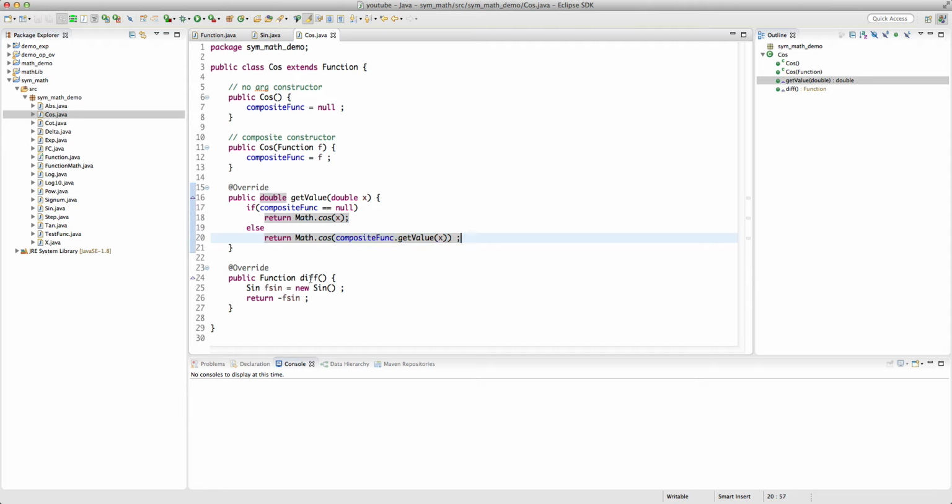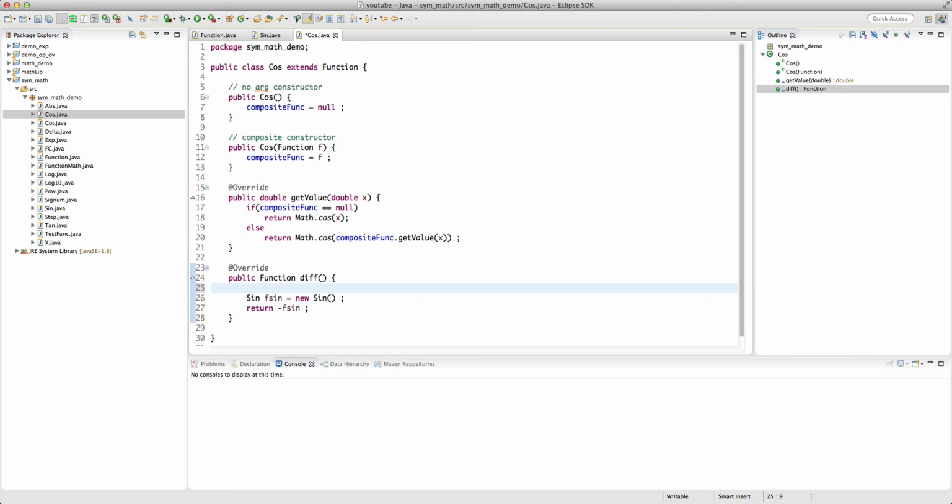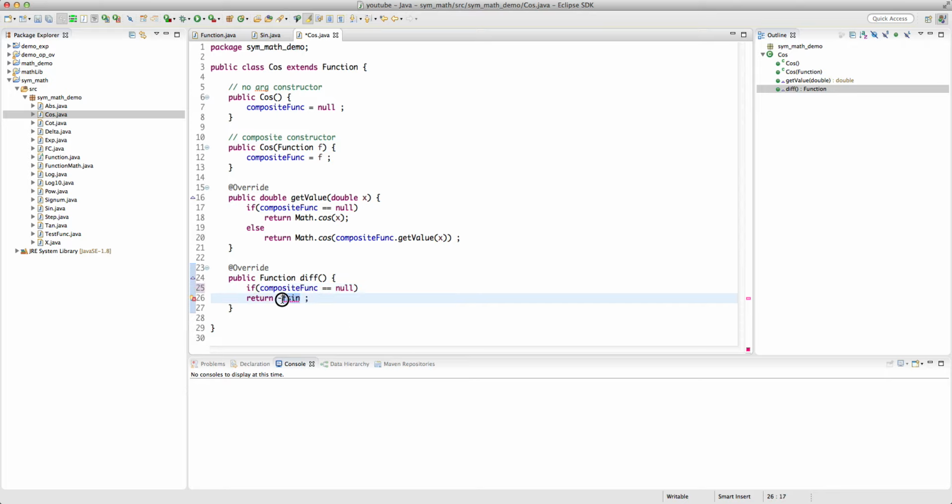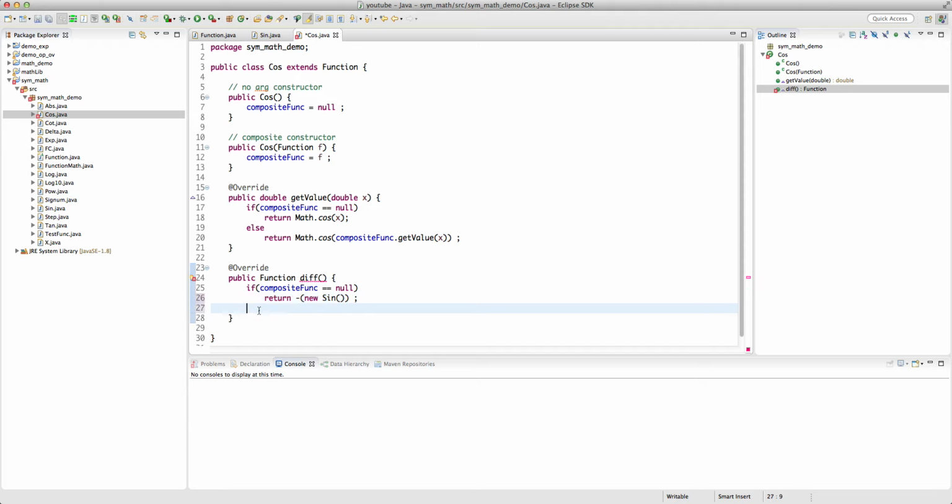The same thing here. The diff of cosine is minus sine, so we say that if composite function is null, just return minus new Sine with no arg. Remember, this minus works because we have already implemented the operator overloading for negation. However, if the composite function is not null, we have to implement the chain rule.